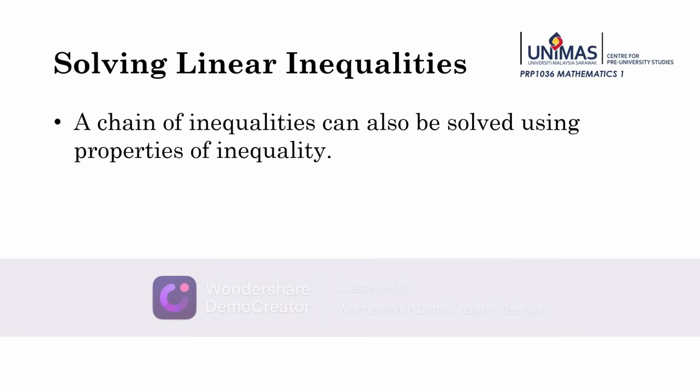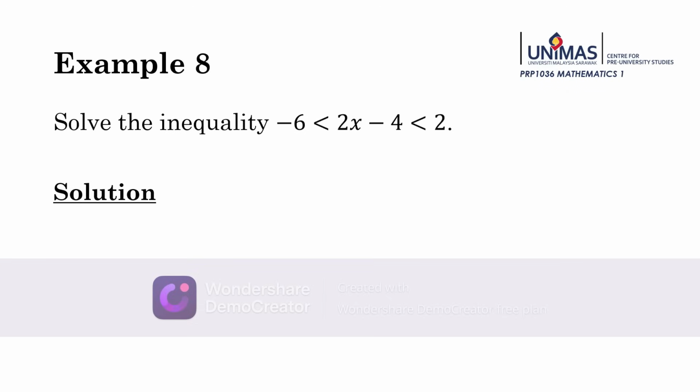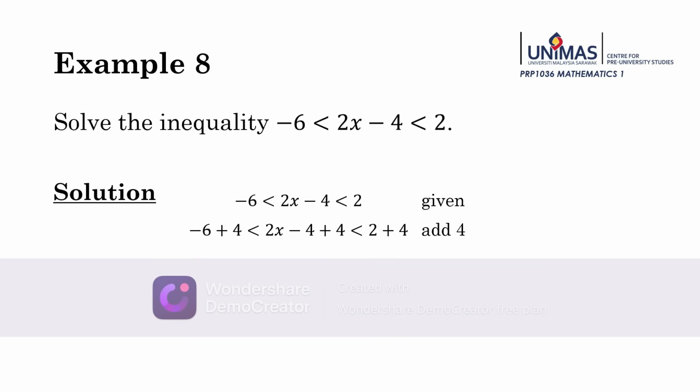A chain of inequality can also be solved using the properties of inequality. Be careful to make sure that each segment of the inequality is treated equally. So for example, if you have in between negative 6 and 2, the expression 2x minus 4. If you want to neutralize the negative 4 in the middle, we add 4 to the left hand side, middle, and right hand side.